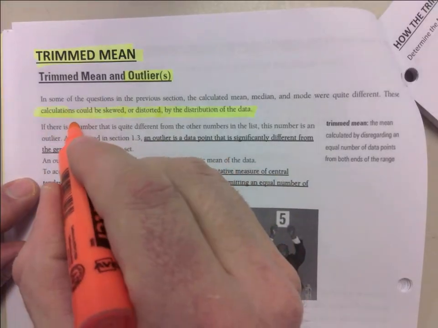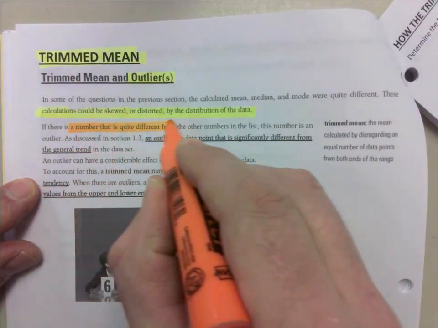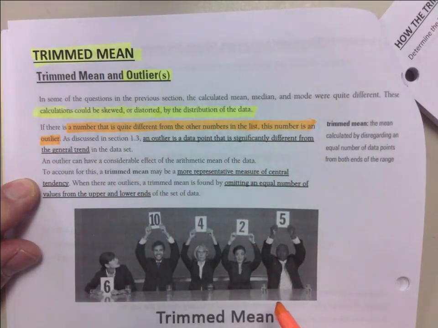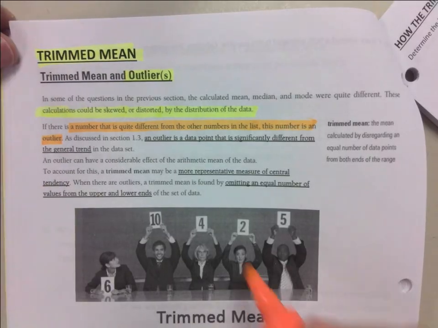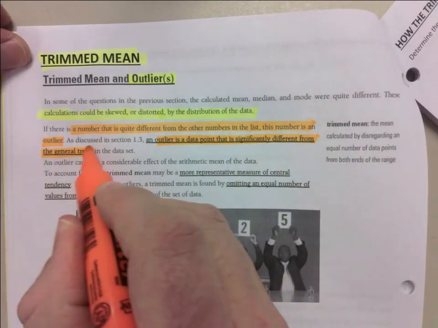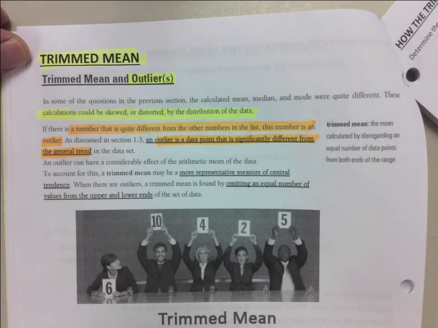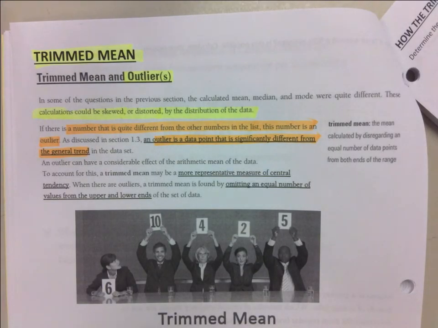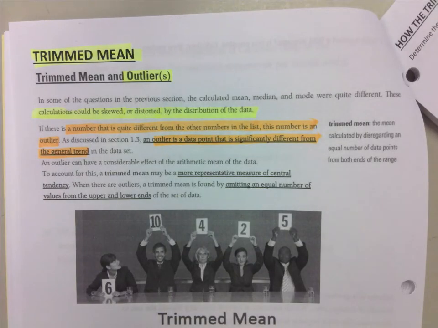Again, a number that is quite different than the other numbers in the list is an outlier. The outlier is a data point that is significantly different from the general trend. Okay? An outlier can have a considerable effect on the arithmetic mean of the data.